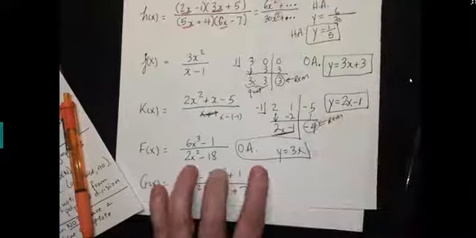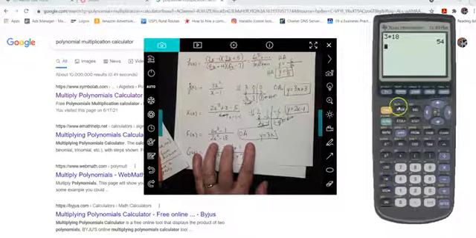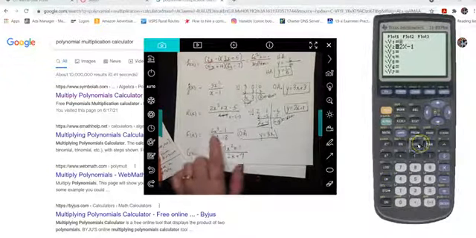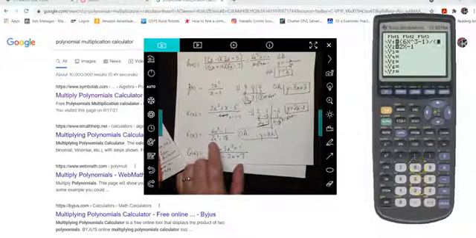And if I want to confirm this in the graphing calculator, I will clear this and I'll put in 6x cubed minus 1 in parentheses divided by, in parentheses, 2x squared minus 18 in parentheses, enter.